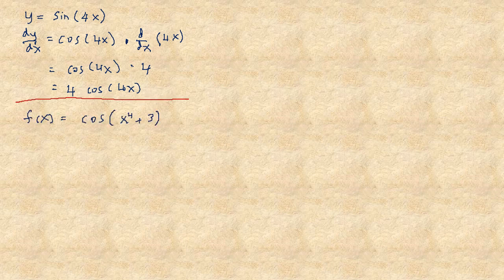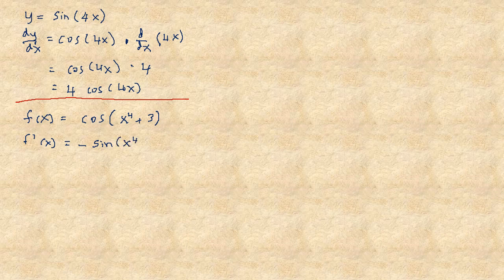Next example, we have f(x) equal to cos of x to the power of 4 plus 3. To differentiate this one, f prime x equal to, first we differentiate the function cos. Differentiate cos, we will get negative sine, and then write the function in the bracket.